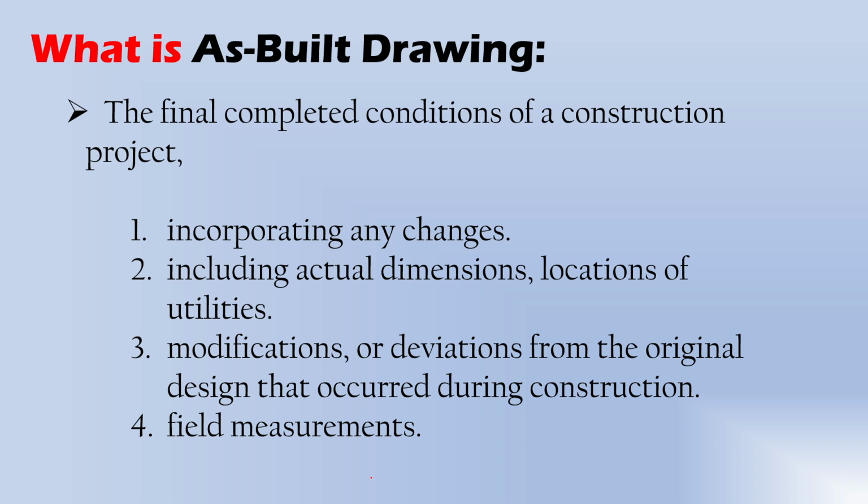So you have to include those dimensions and locations as well, and any modification or deviation from the original design that occurs during construction. All three points are related to one thing: if any changes are there, you should make changes in the as-built drawing with the exact measurement.